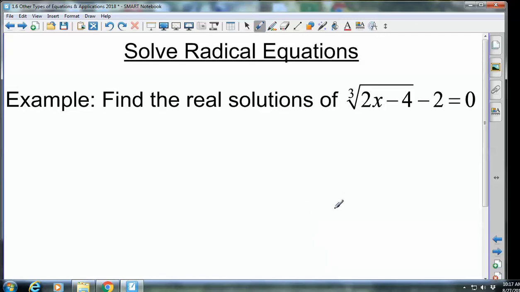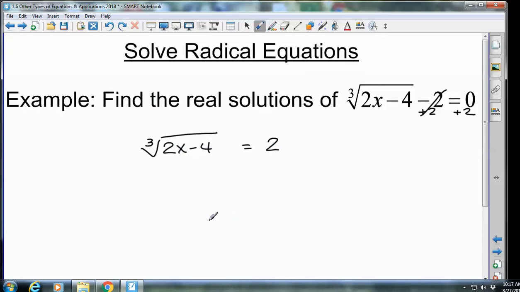So I need this radical by itself. How would I do that? Add our 2. So then we have the cube root of 2x minus 4 equals 2.